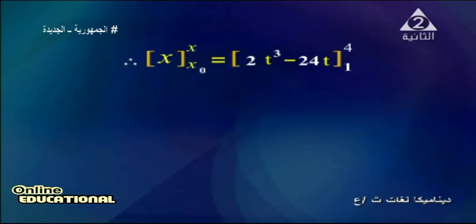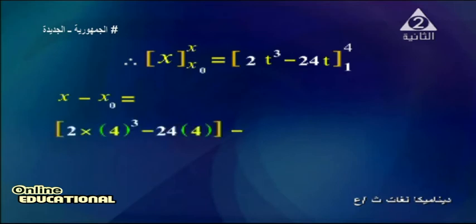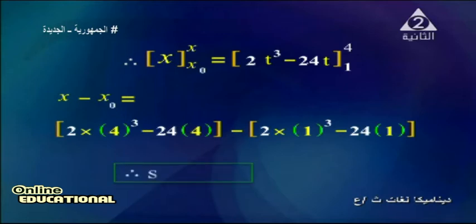The definite integral from 1 to 4, then x minus x naught equals, we can substitute 4 and 1 by using the definite integral: 2 times 4 power 3 minus 24 times 4 minus (2 times 1 power 3 minus 24 times 1). Then the displacement S equals 54 meter. In this example, we use the derivative and the integration in the two required of this example.